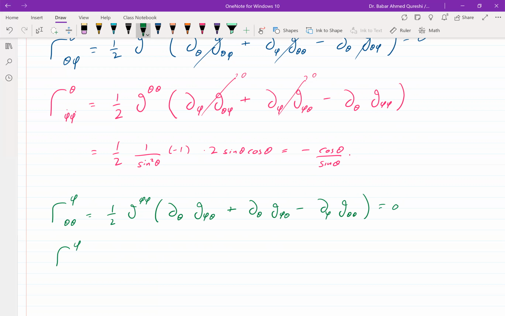Gamma phi theta phi is half g phi phi, one phi from this, one phi from summation, plus d phi g phi theta minus d phi g theta phi.